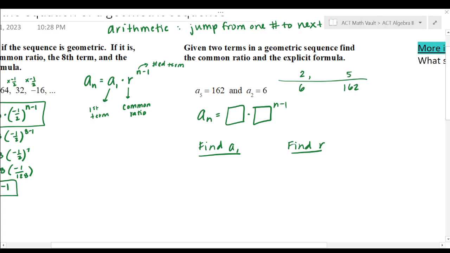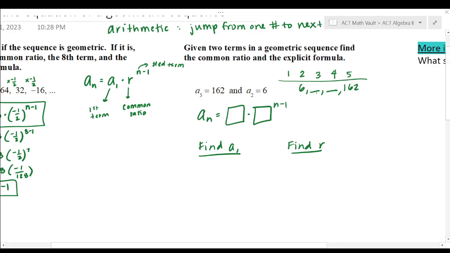So let's just put it in order here: 6, comma, something. So this would be the second term, third term, fourth term, fifth term. I am trying to figure out the third, the fourth, the fifth. We don't know a sub 1. That's what we need to find.